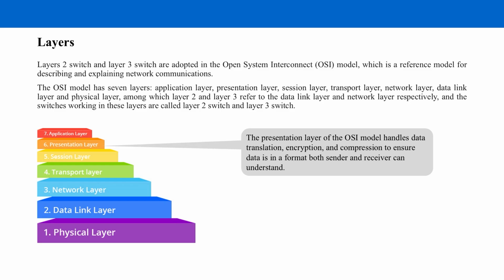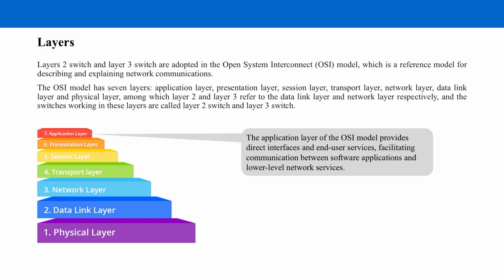This layer mainly handles the data translation and the presentation of data to the user, including encryption and compression, to ensure the data is in a format both the sender and the receiver can understand. And then the last layer, layer 7, is the application layer of the model. It provides the direct interface and end user services. It facilitates communication between the software application and the low-level network services.